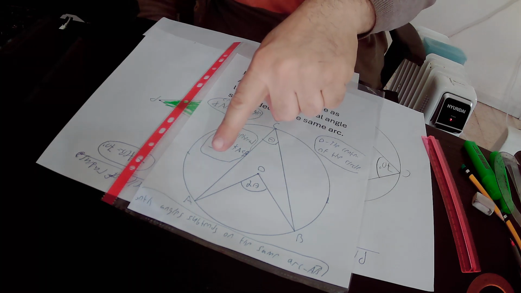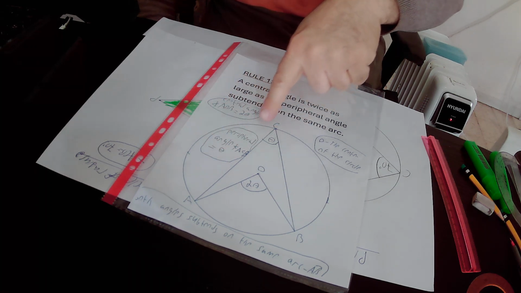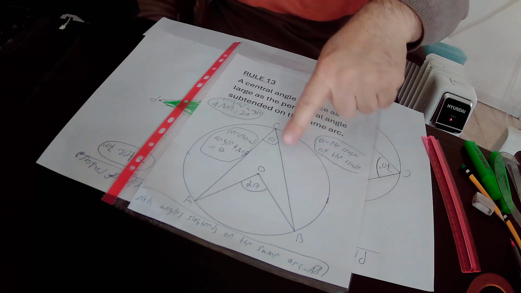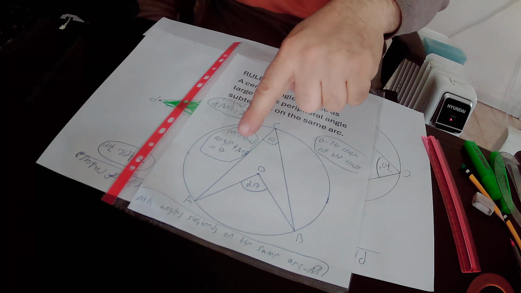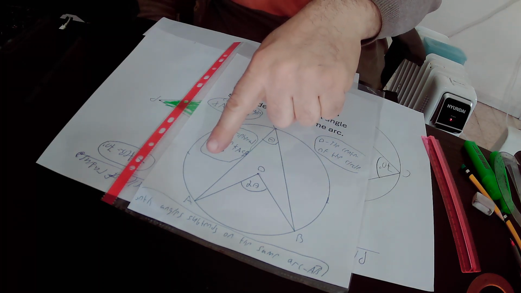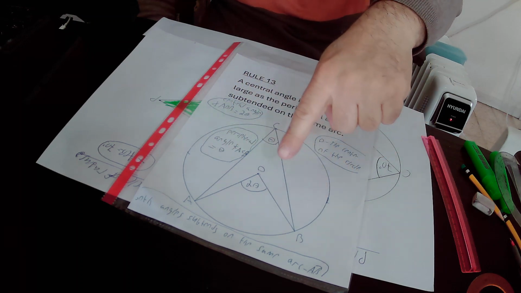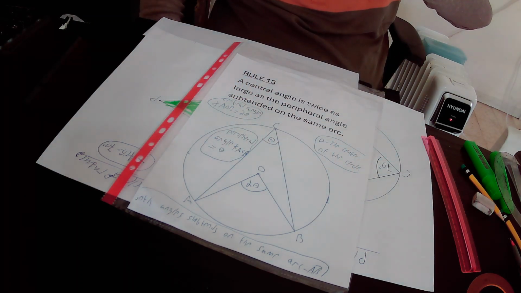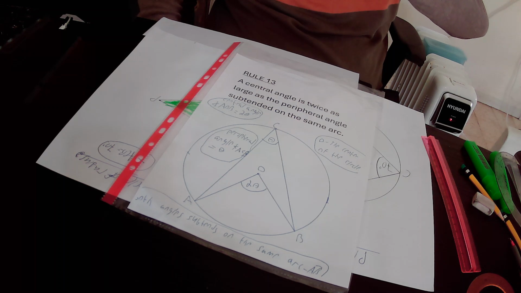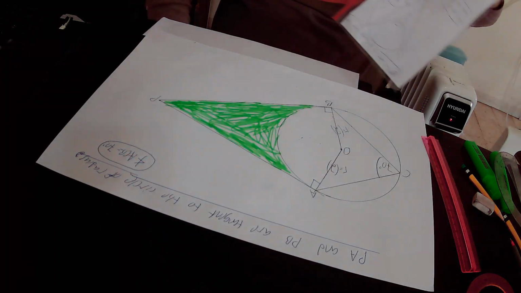And because the size of the peripheral angle ACB is equal to theta, the size of the central angle AOB must be equal to 2 theta. We can actually implement rule 13 in our drawing.